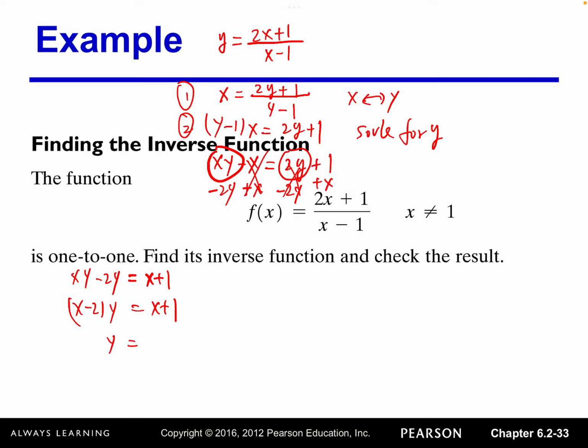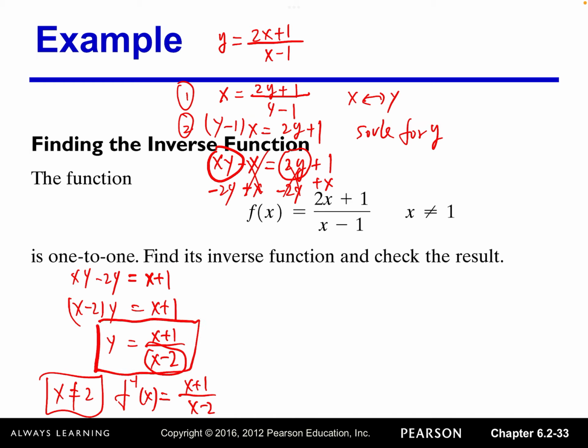So we get y equals x plus 1 over x minus 2. And the domain of the function, x cannot equal 2, right? Make sure the denominator cannot be 0. So the inverse function of the original is x plus 1 over x minus 2. Now we just substitute y by the inverse function symbol.